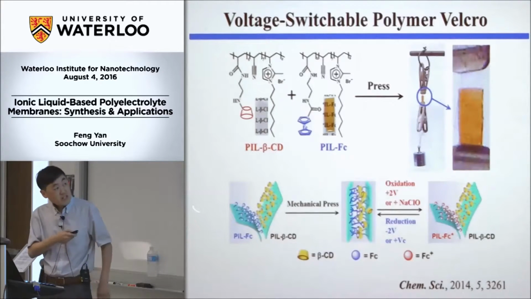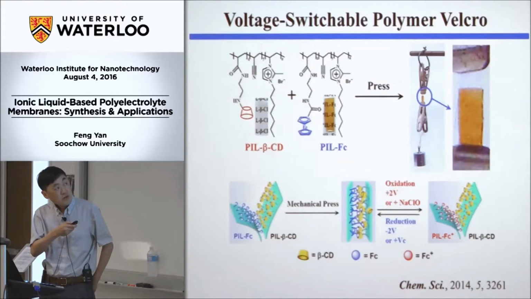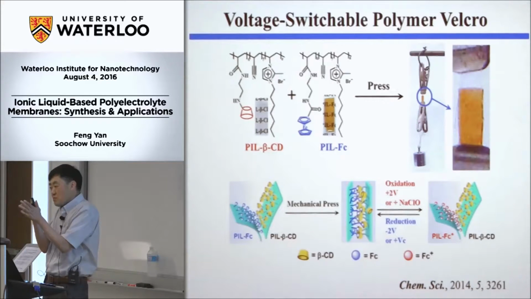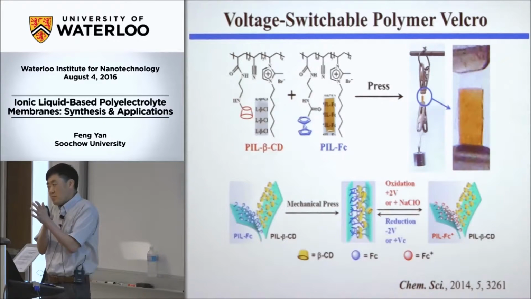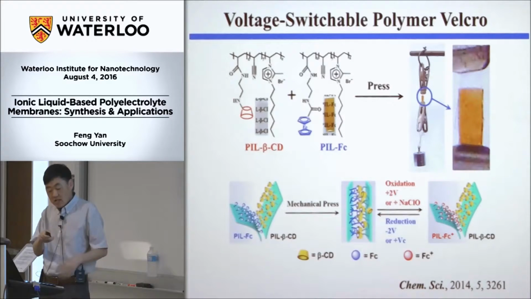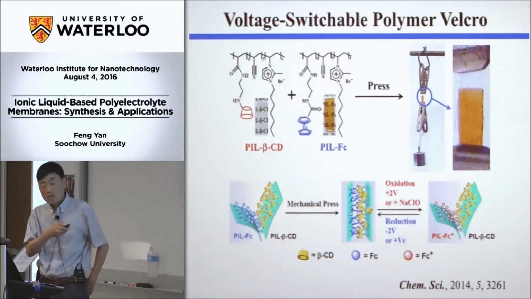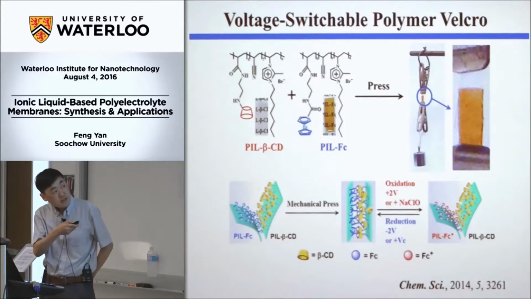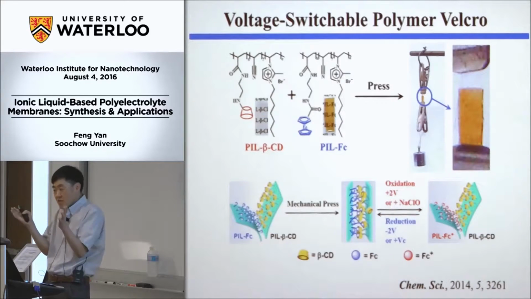Therefore, we attached these host groups to the surface of polyionic liquid membranes, and we also attached the guest to the surface of another membrane. If we press these two membranes together, we hope they can be highly attached to each other to form the polymer vacuole. And if the ferrocene is oxidized, the two membranes will be separated.